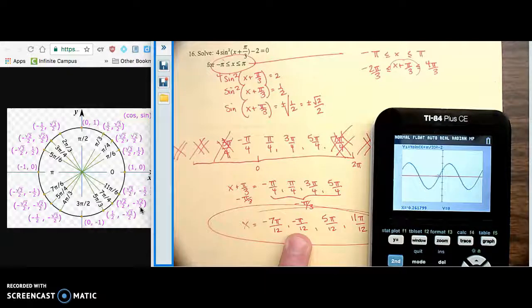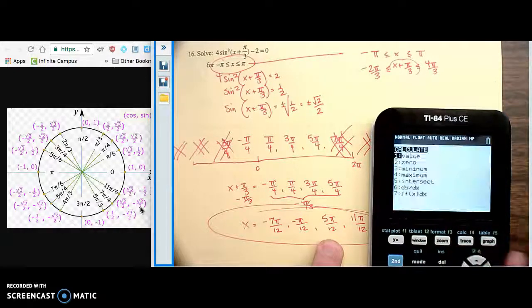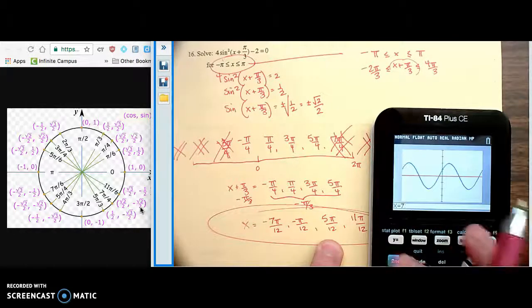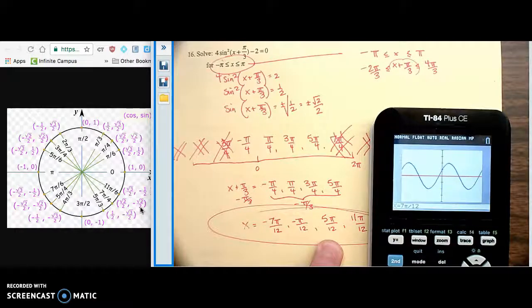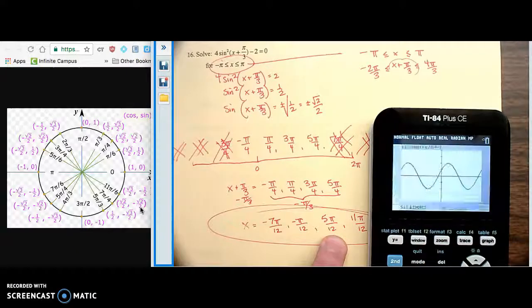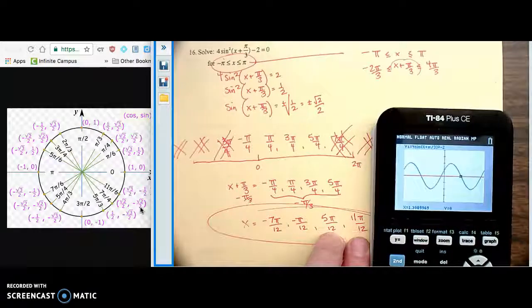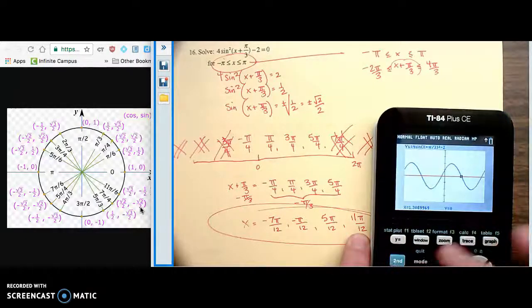There's my second solution. 5 pi over 12 should be my third solution, and I should also have 11 pi over 12.